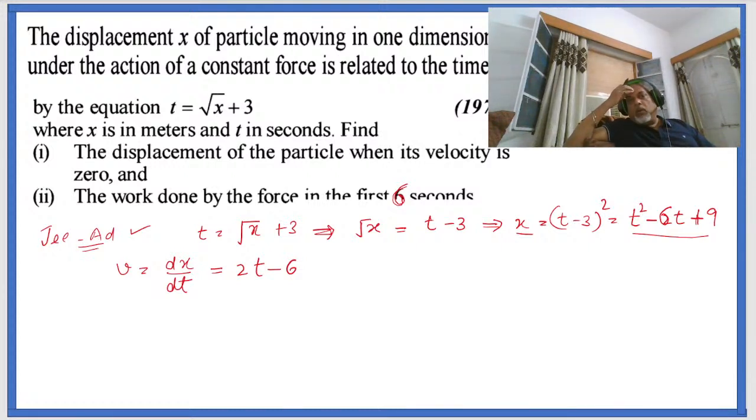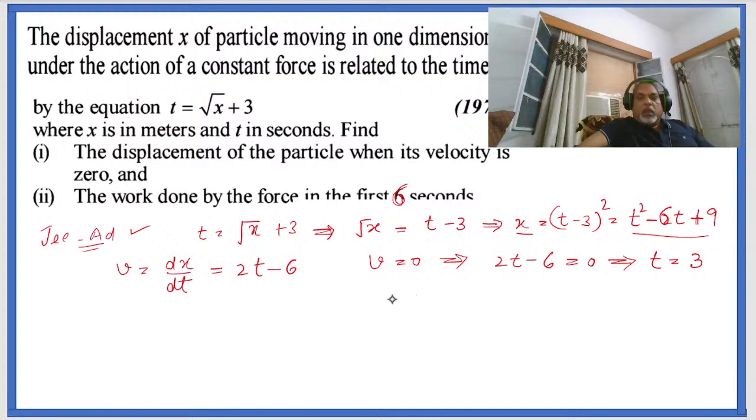Now, in the first part, it is asking the displacement of the particle when its velocity is 0. If velocity is 0, means 2t minus 6 is equal to 0, means t is equal to 3. Correct? At 3 seconds, the velocity is 0. So, what will be the displacement?